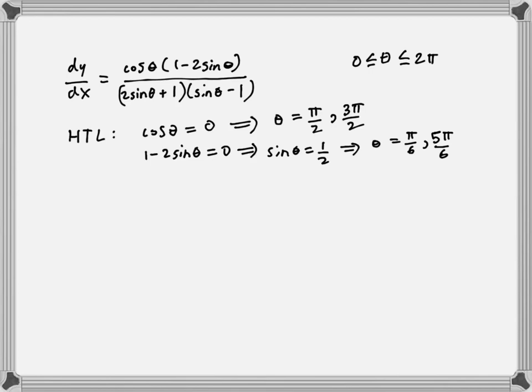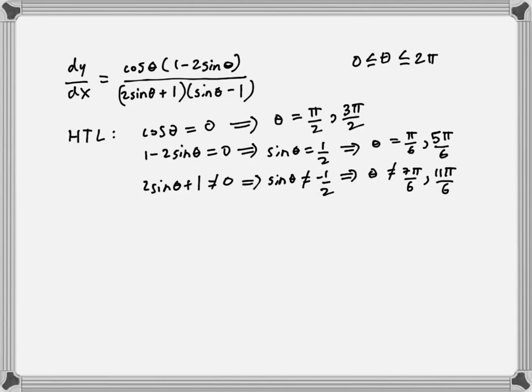However, we need to be careful because the denominator should not be 0. So we also want 2 sine theta plus 1 to not be 0, which means we want sine theta to not be negative a half, which means that we want theta to not equal 7 pi over 6 and 11 pi over 6. So we're okay there.